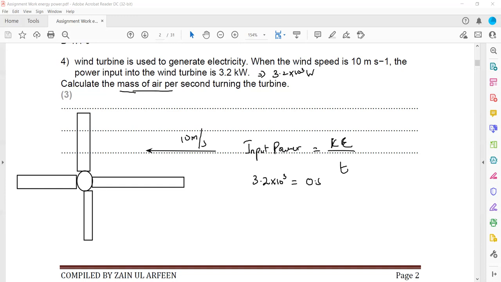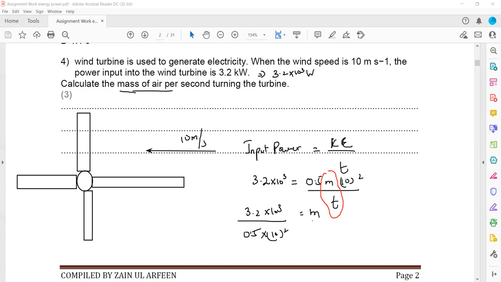Kinetic energy is half m v squared. v is the wind speed, which is 10, so that squared, divided by the time t. In the question they mention mass per unit time, so we need the factor m by t, and the other factors will move. So it will be 3.2 × 10^3, divided by 0.5 × 10 squared.